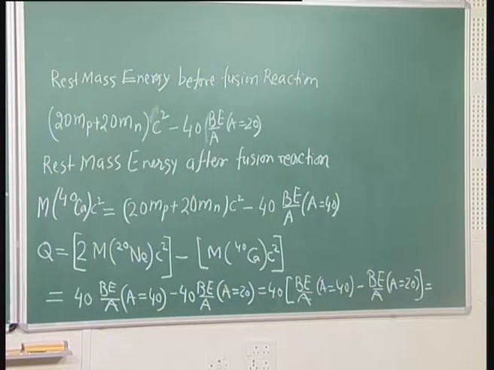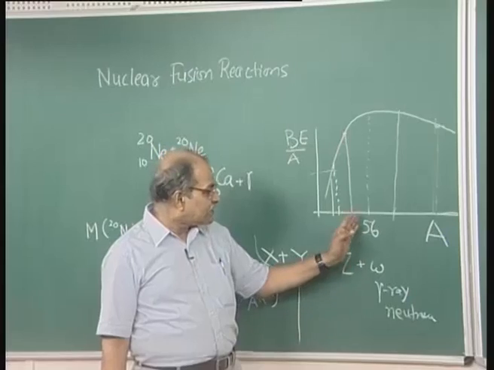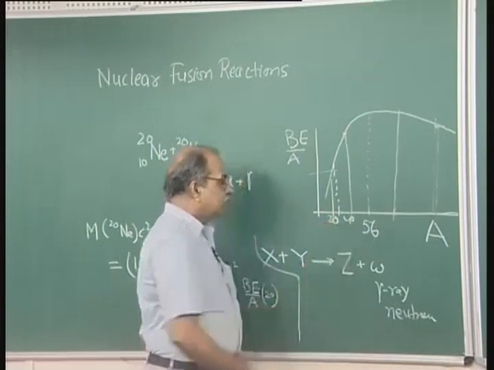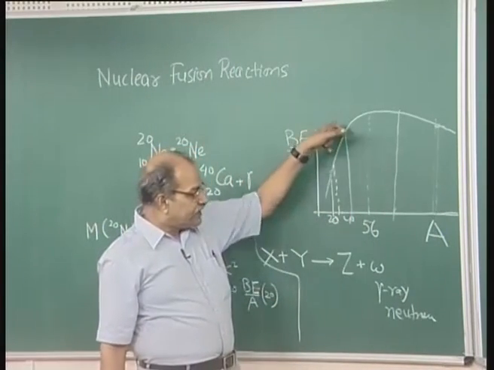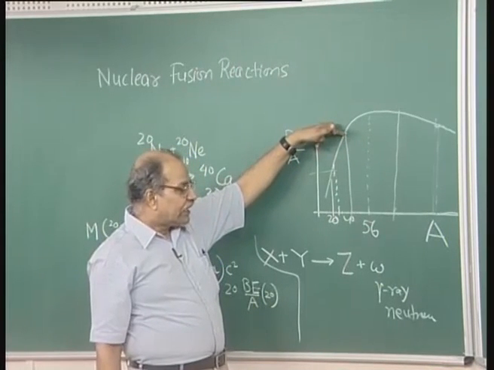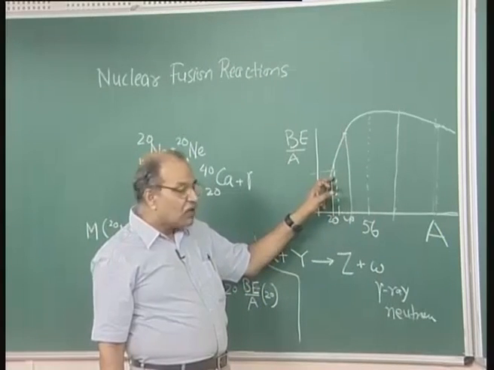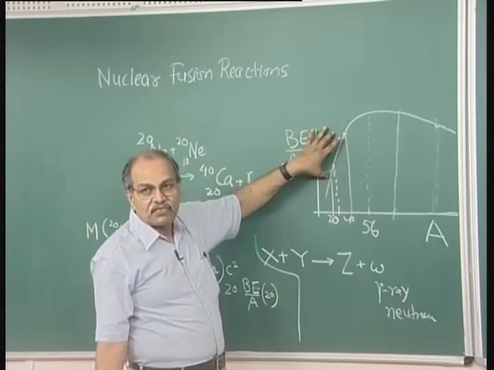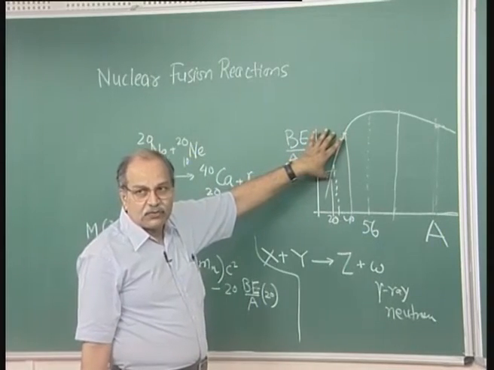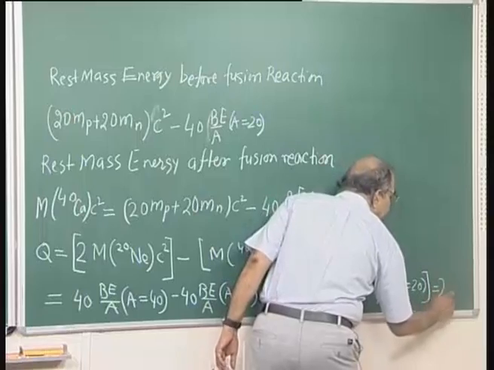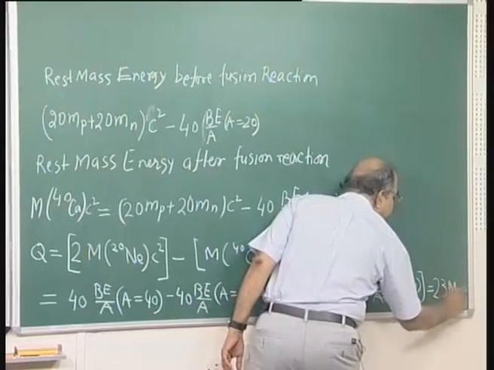And since binding energy per nucleon at A equal to 40 is larger and binding energy per nucleon at A equal to 20 is smaller, this difference multiplied by 40 is positive, and this turns out to be about 23 MeV, mega electron volts, in this case.